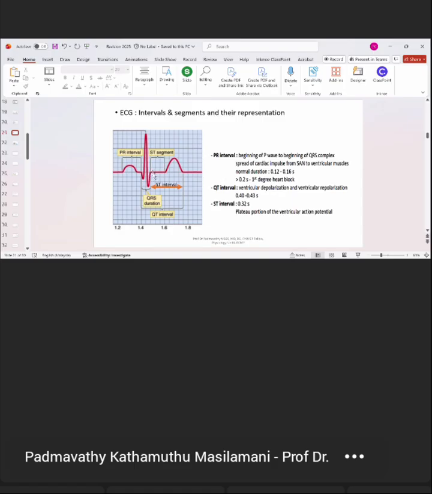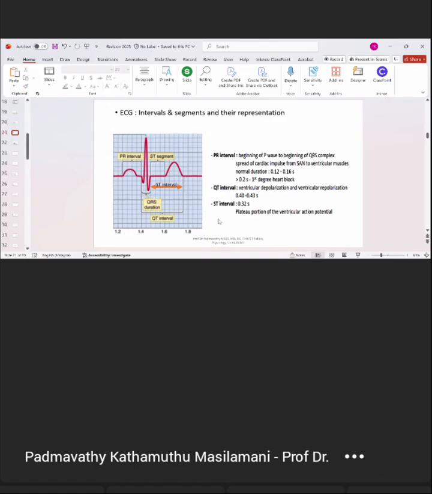If the ST segment is elevated or depressed, that means ST elevation or ST depression. If it is more than 2 millimeters from the baseline isoelectric line, you call it ST elevation or ST depression. The ST interval is from the end of S wave to the end of T wave.